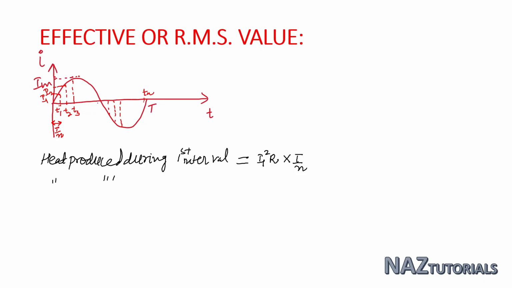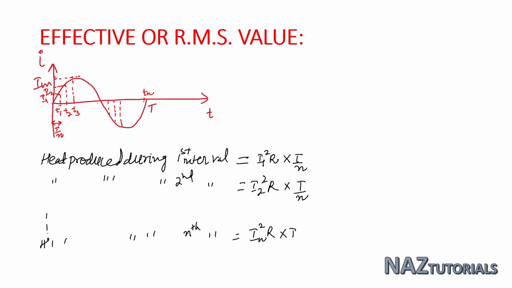Similarly, the heat produced during the second interval is I2 square R into T by n. So we divided this into n sections, and the heat produced by the nth interval will be In square into R into T by n.